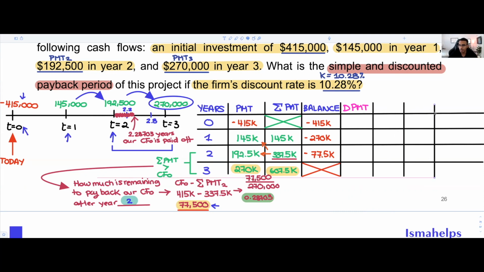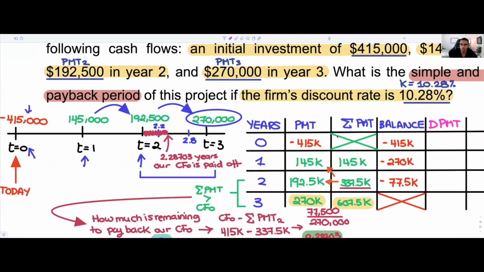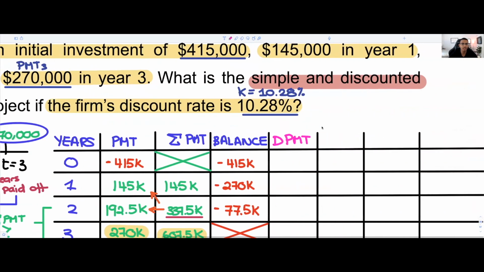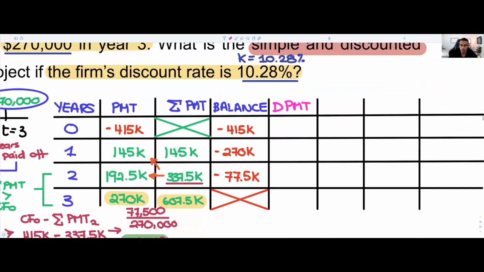So it's the same steps. This is awesome stuff. And I'm sure you're like, you know what, Ismail, this is easy. I don't need to worry about it too much. If I see this on an exam, I'm equipped with the tools to do this effectively and simply. So we're going to write this as being the sum of the discounted payments.